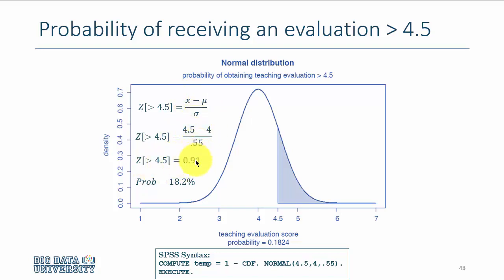You get the statistic as 0.91, and if you were to take a standard normal table or just compute the statistic in SPSS, you get an 18.2% probability. Essentially, the probability of getting a teaching evaluation score greater than 4.5 is 18.2%.